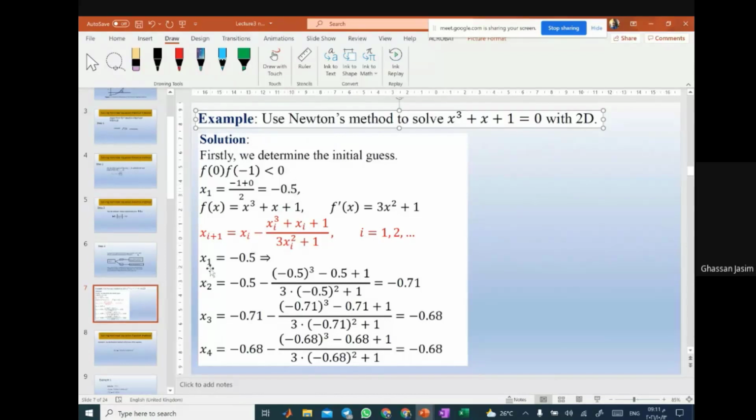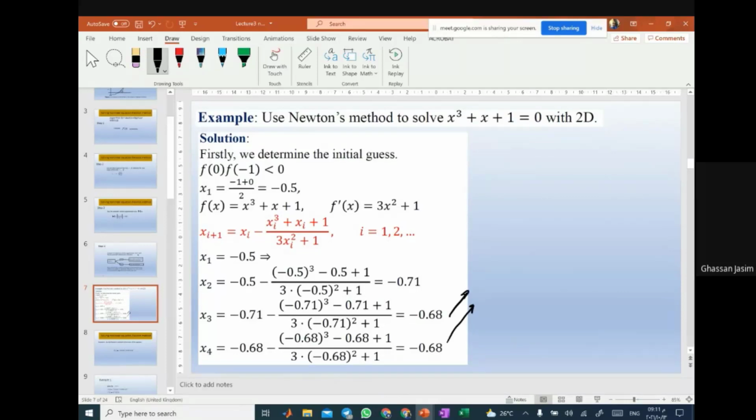He chose this, and then he found x2, x3 and x4. If you look, x3 equals x4. That means no change in x. That means this is our intersection point, because the error here will be 0.